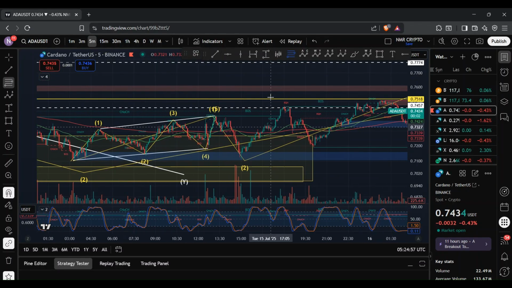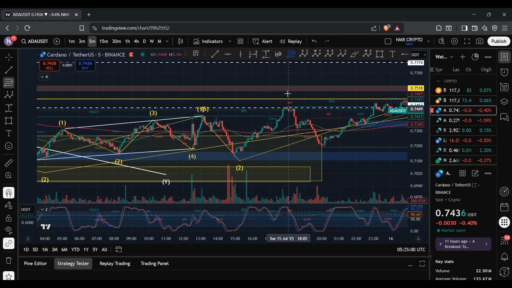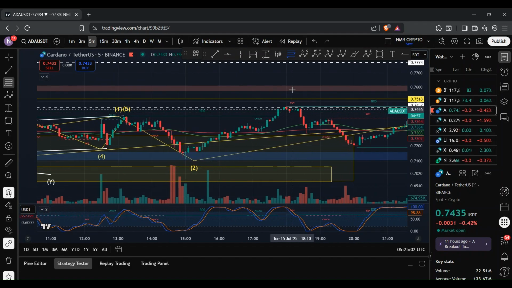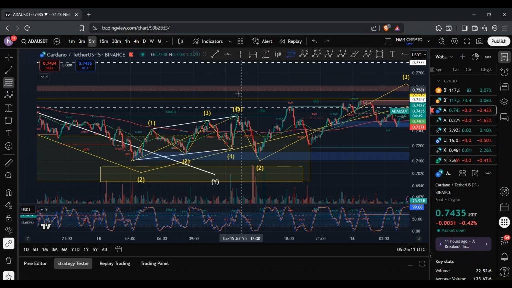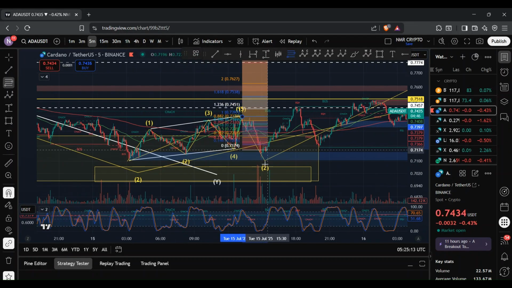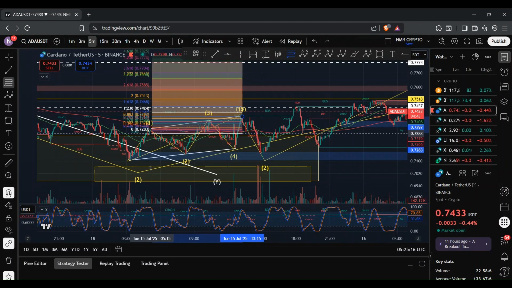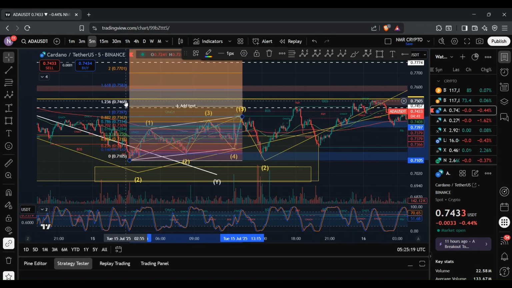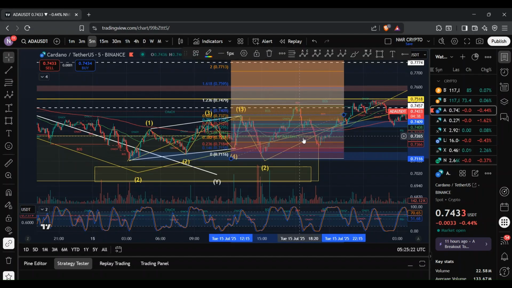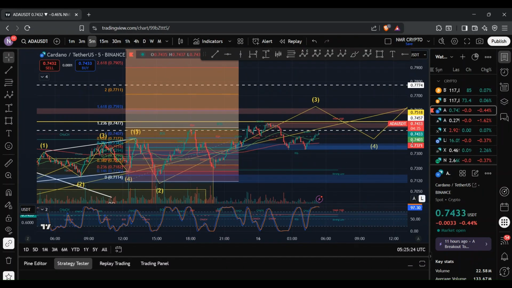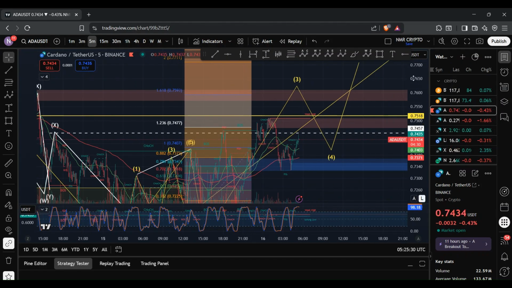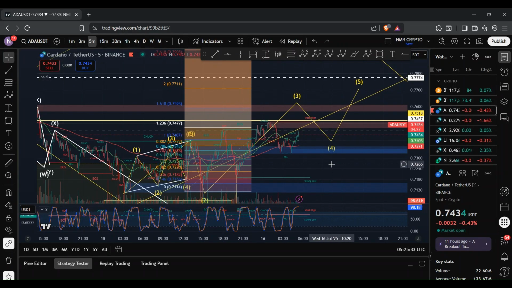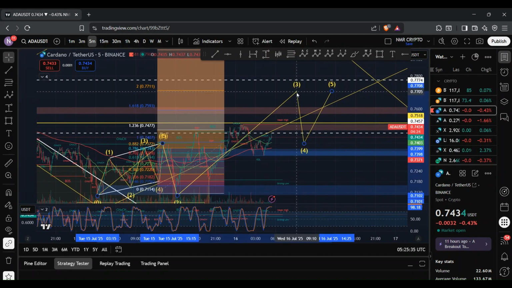So if I bring in the Fib tool, it's this level at 74.57 cents, and then we've got wave 2 at 71.14 cents. So that wave 3 could reach this level here at 75.93 cents. Of course, we've not reached this level yet, and so it looks like we're still within this wave 3.